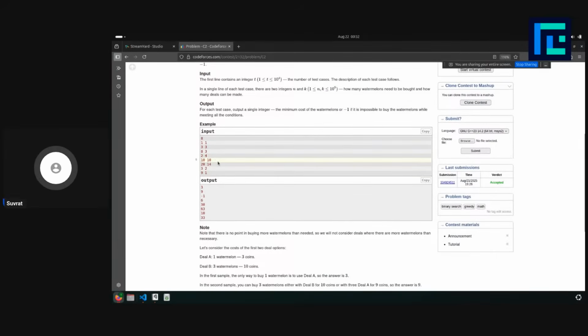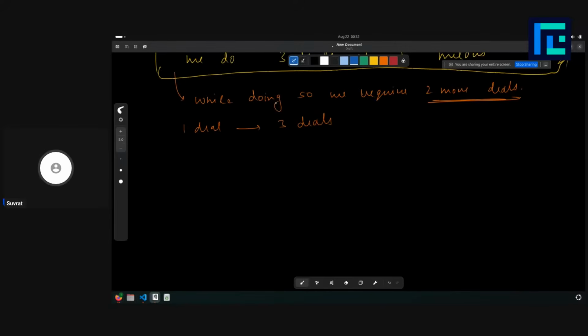Let's take 10 10, n equal to 10, k equal to 10. Let's try to extend our solution from the last problem. For 10, what we did was one deal of 3 to the power 2 melons and one deal of 3 to the power 0 melons, right?